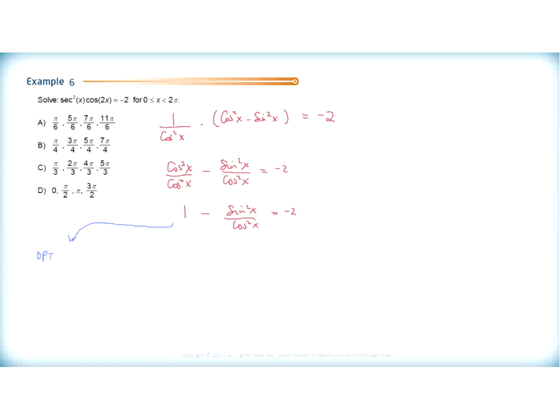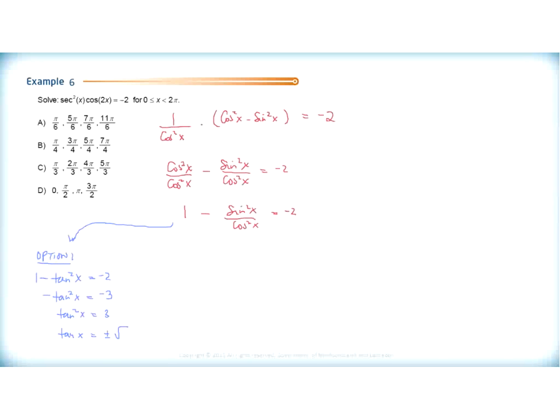At this point, I've got a couple of options open to me. I could replace sine squared over cosine squared with tan squared. I'll call this option 1. I can write this as 1 minus tan squared x equals negative 2.